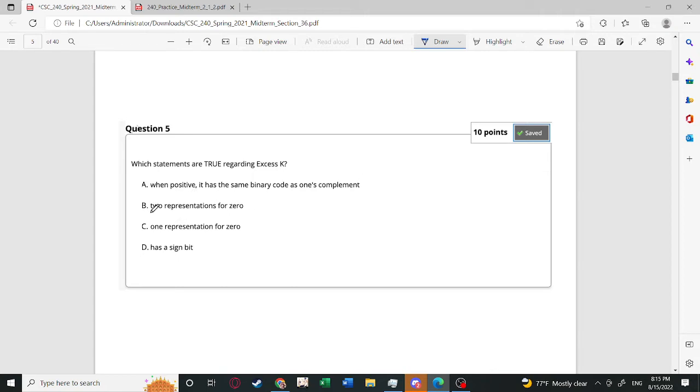That's not true. 2 percentage is 0, that's not true. 1 percentage is 0. Has a sign bit. That is not true either.